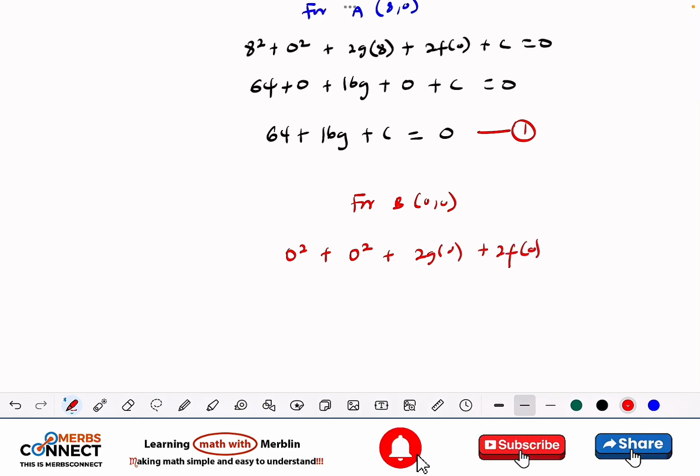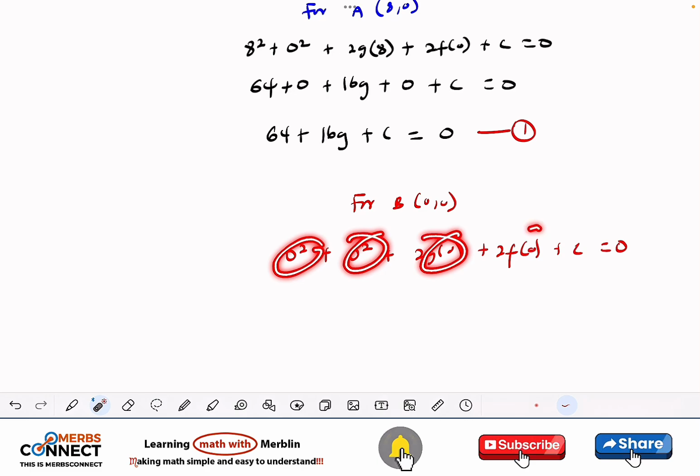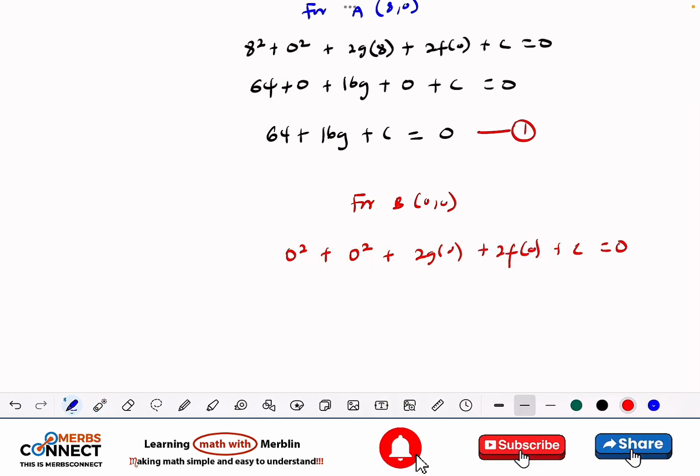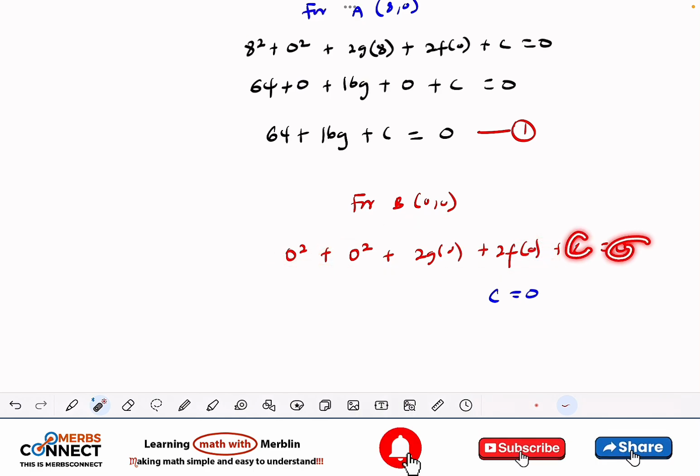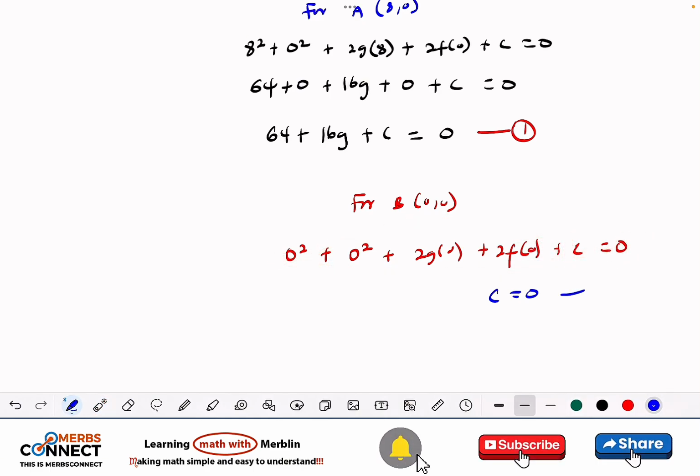But I'll solve another example later, because this will be 0, this will be 0, this will be 0, this will be 0. So it means that c will be equal to 0, because everything goes to 0 and we are left with c is equal to 0. So let me call this one equation 2. This is quite unfortunate because all of them are 0.